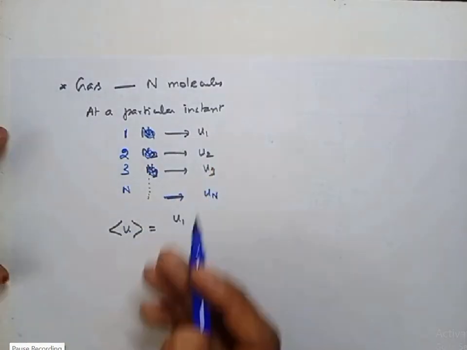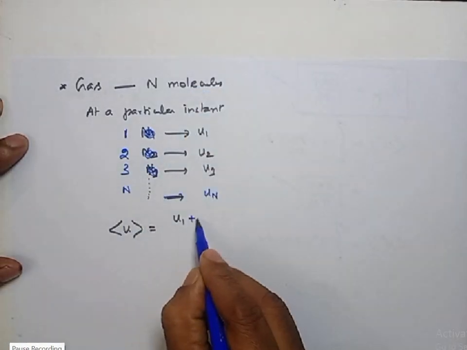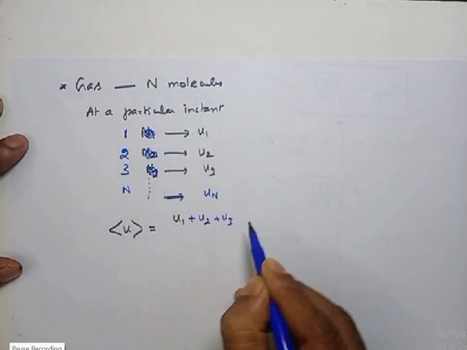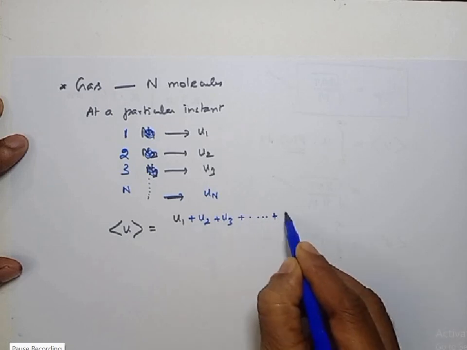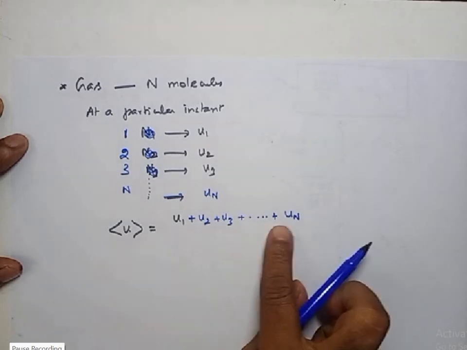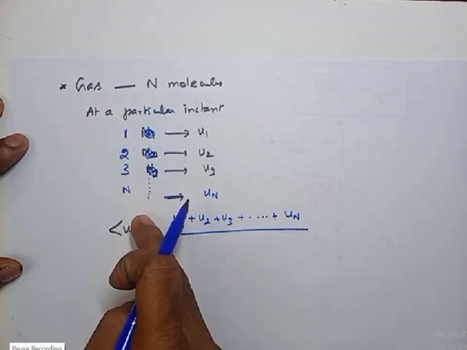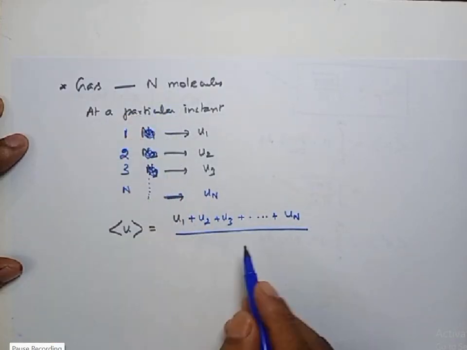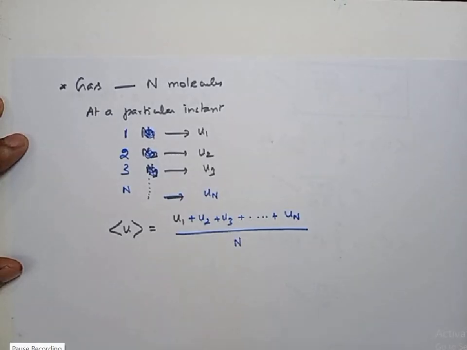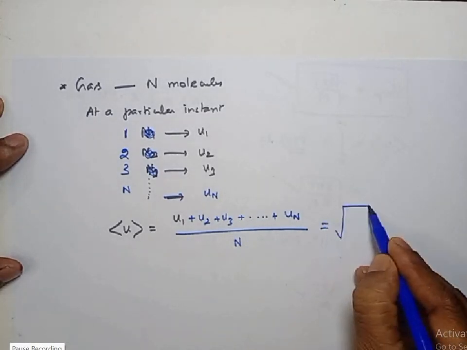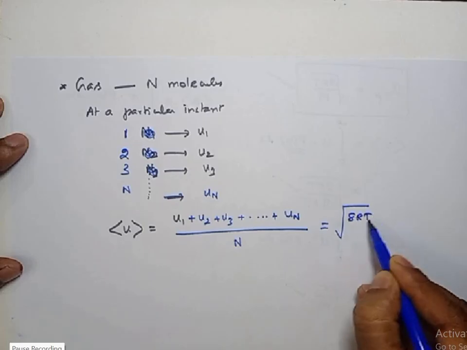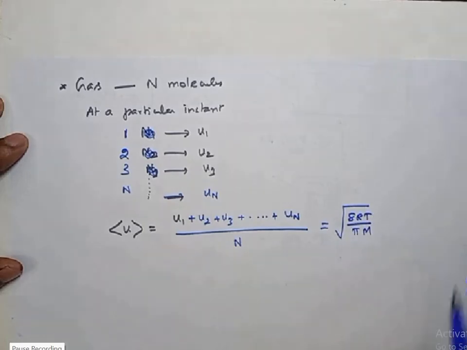What is the average velocity? Add all the velocities, u1 plus u2 plus u3 plus etc. plus un, of all the molecules, divided by the number of molecules. What is the total number of molecules? n. This is nothing but the average velocity, which we found to be equal to square root of 8RT by pi into m.